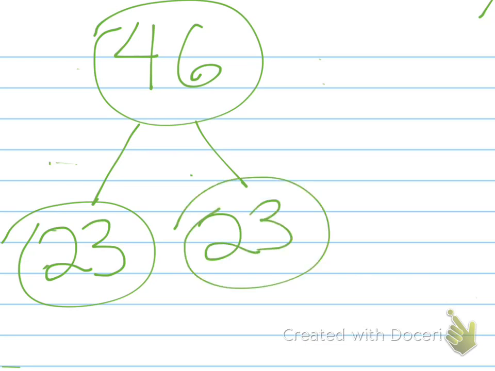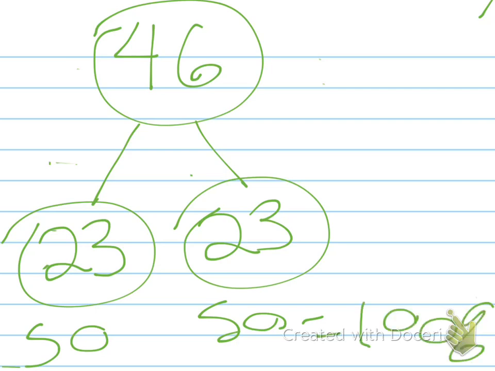Now, what happens when we take this 50% and this 50% and put them together? You get 100%. So we take 23 plus 23 and we put them together, and we're going to end up with 46 chromosomes, the number of chromosomes that a human should have. That's why we use those terms haploid and diploid.